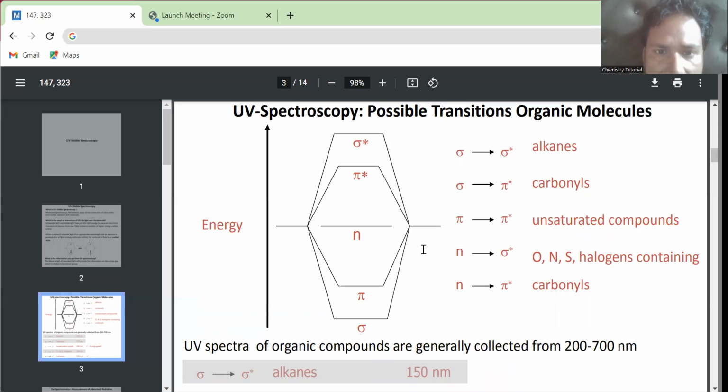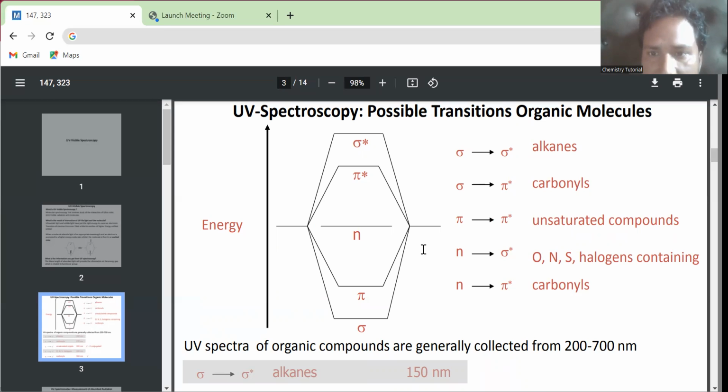So there are five or six possible transitions: sigma to sigma star, sigma to pi star, pi to pi star, non-bonding to sigma star, and non-bonding to pi star. First you should know the energy, and then when the electronic transition occurs, it is between these levels.